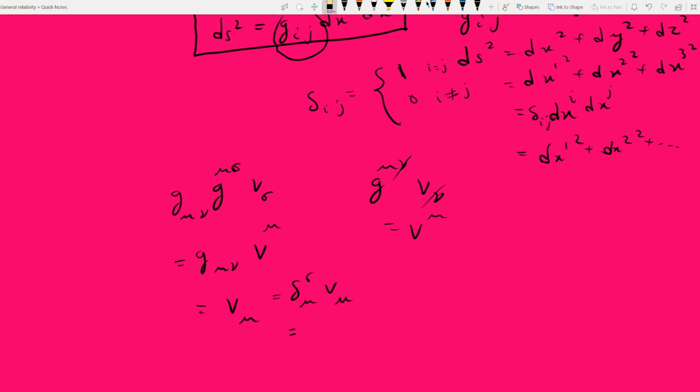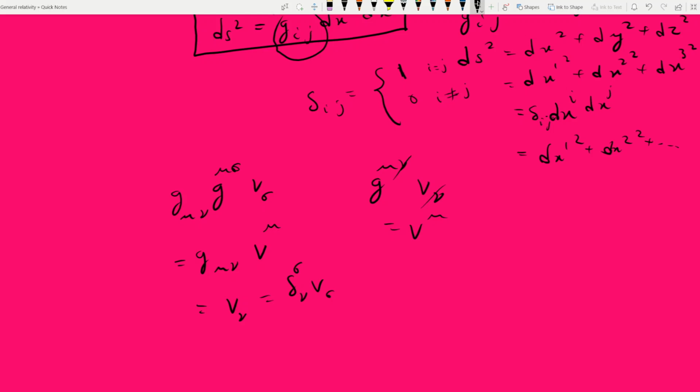This should be V mu, right? And so we can write it as... oh, I see, I made a mistake here, sorry. So this should be, mu's and mu's cancel out. This should be v nu, which equals, say, we're writing it as v sigma and Kronecker delta of sigma nu.